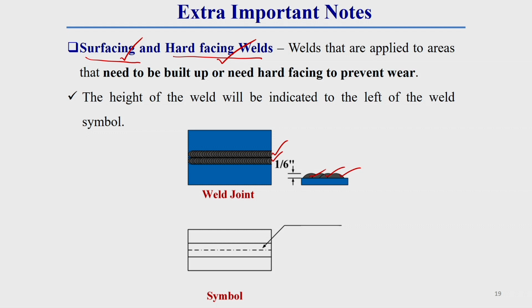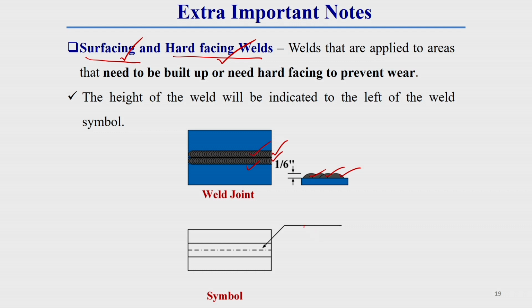This is a weld symbol. Let us say we did hard facing on the top side. Here we are interested in representing the top side, and the top side is the arrow side. So how can we represent these two operations?